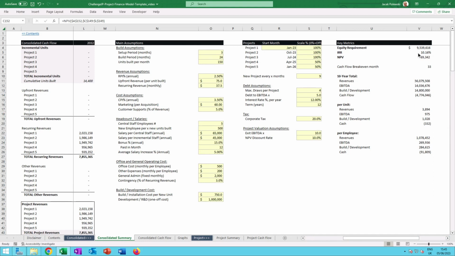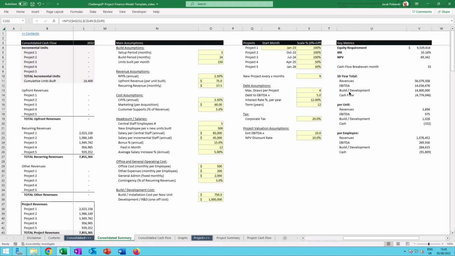So your equity requirement, assuming that any gap in your cash requirement that hasn't been covered by debt, and the revenues or net cash flow coming from other projects, has to be met by equity.